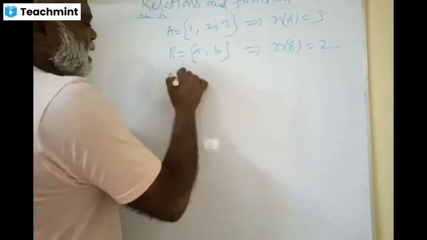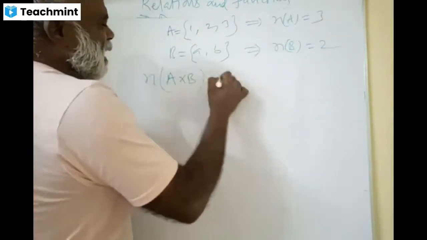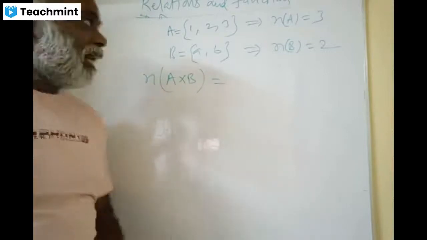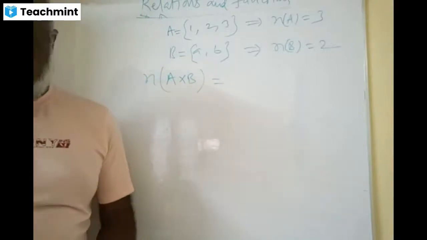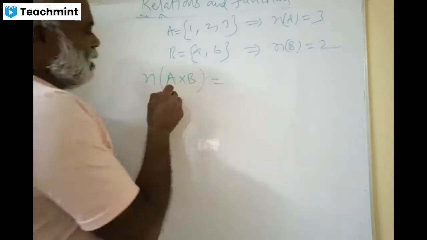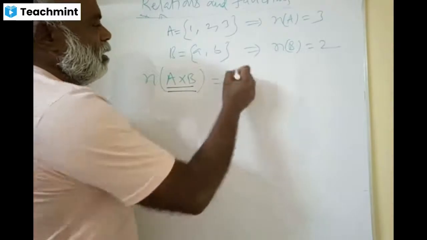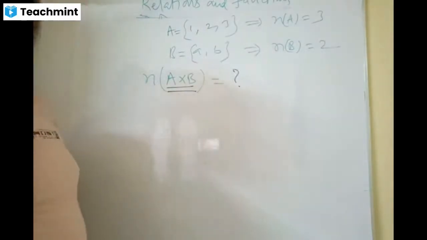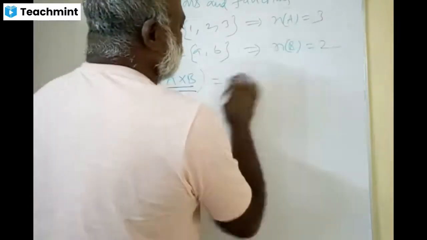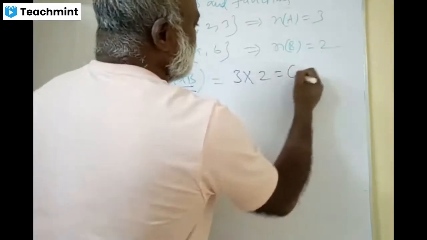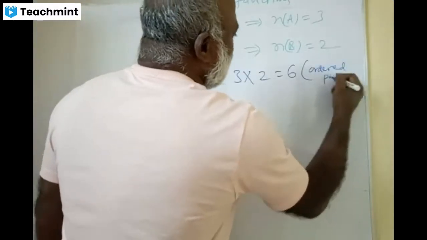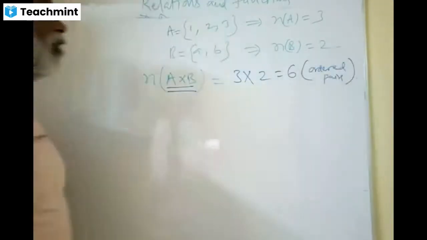Then n(A cross B): Bhavishna, tell me, how many elements are there in A cross B? 6, sir. Brilliant. That's 3 into 2, there are 6 ordered pairs.